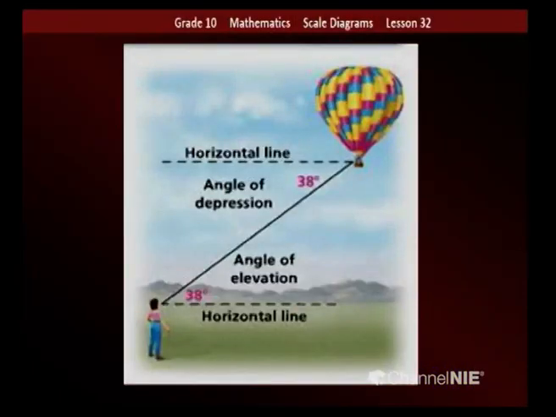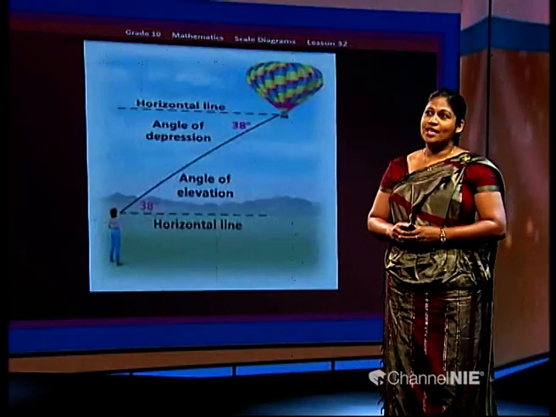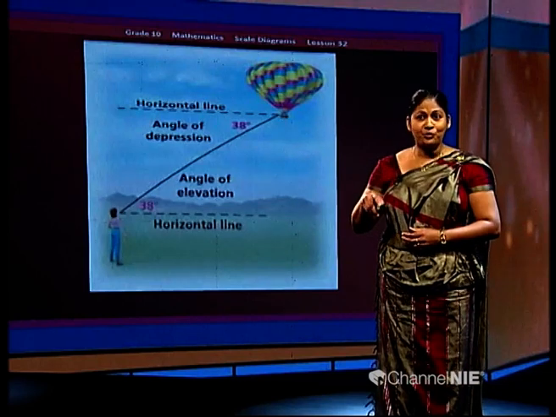Now look at this picture. You can see a man is observing the parachute. See the horizontal line? He has to look above, upwards. There we say the angle is angle of elevation. Now, imagine that you are in the parachute. When you want to observe the person who is on the land, you have to look downwards.